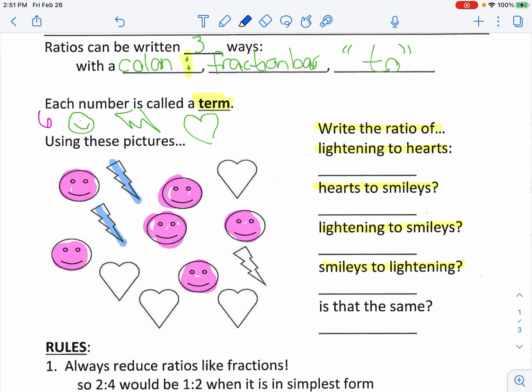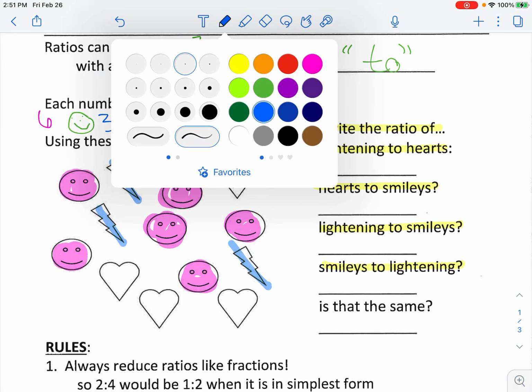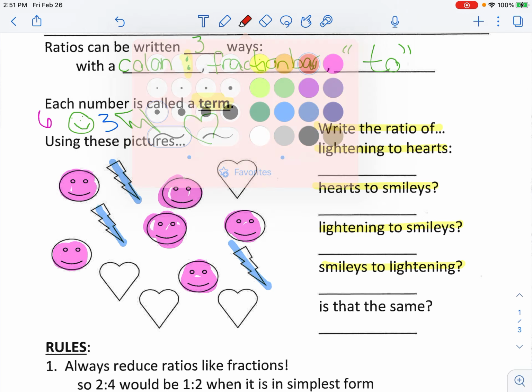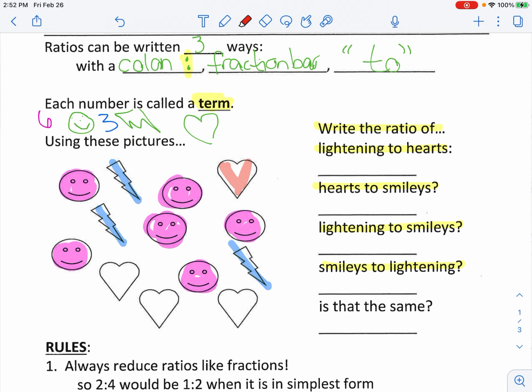I've got 1, 2, 3 lightnings. And I will do my hearts in red, just so everything stands apart. So I've got 1, 2, 3, 4 hearts. Okay. So I have 6 smileys, 3 lightnings, and 4 hearts.